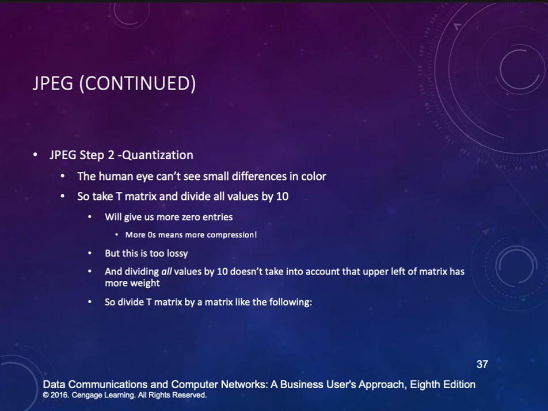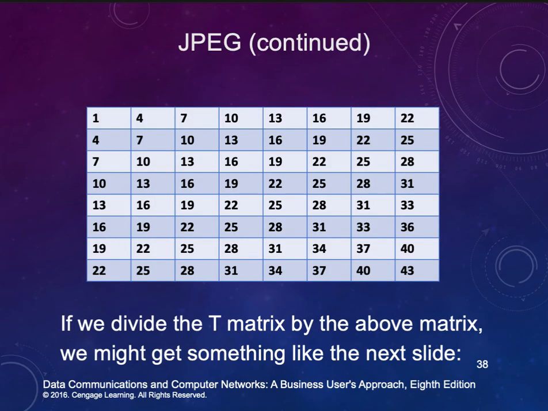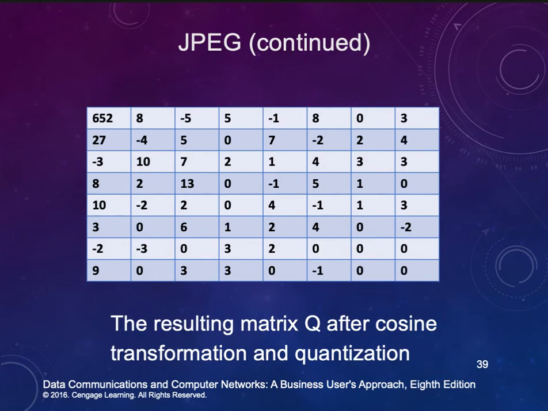Here we divide the T matrix by 10, and this is the original T matrix after the cosine transformation, now quantized as the Q matrix.